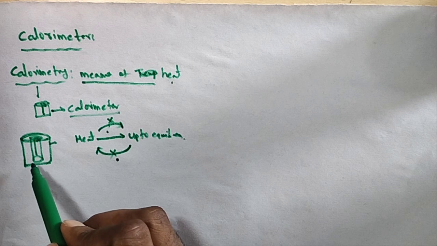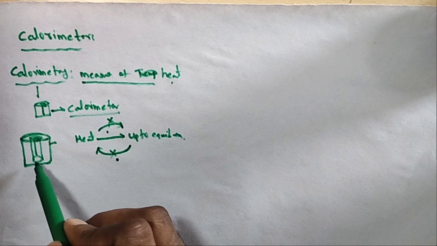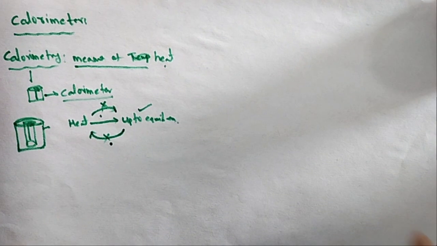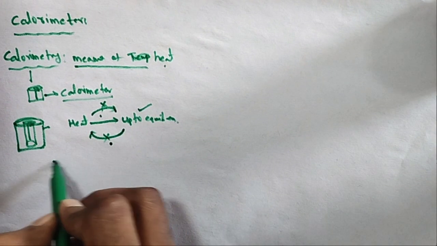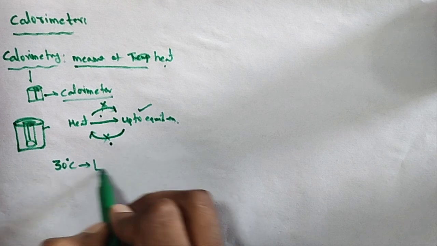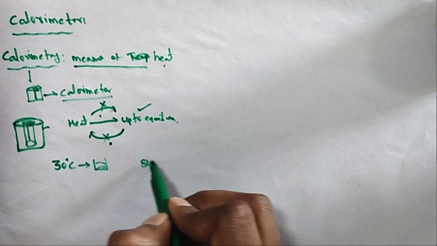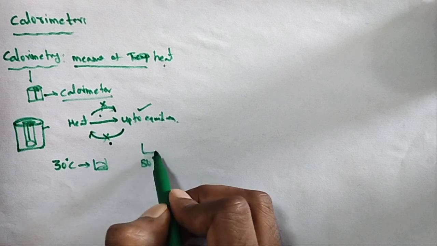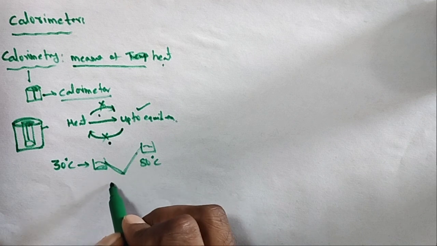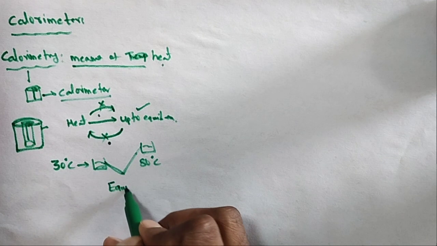At thermal equilibrium, all the materials reach the same temperature. Let us take for example 30 degrees cool water and 80 degrees hot water, and both are mixed. What happens? They reach a particular equilibrium temperature.